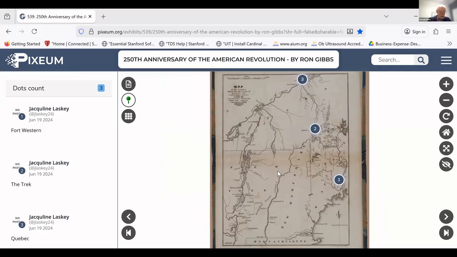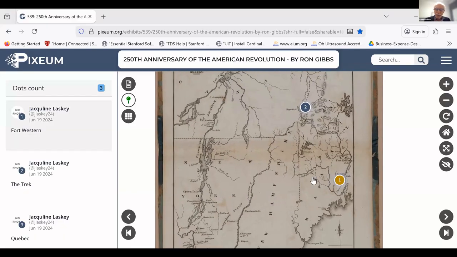In September 1775, a band of about 1,300 Americans left Boston on a heroic expedition to Canada, thinking that the Canadians would join the revolution and become the 14th state. So they sailed from Boston to dot number 1 on the Maine coast, and they sailed up the Kennebec River.